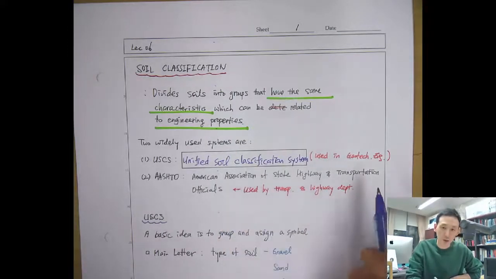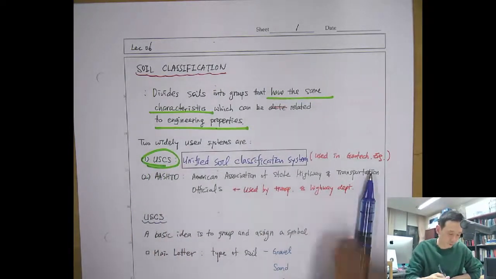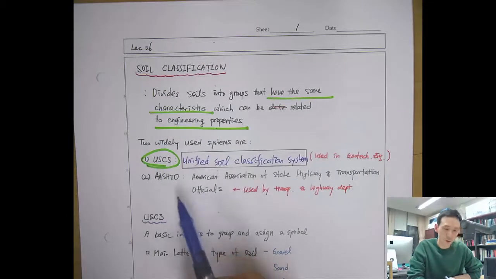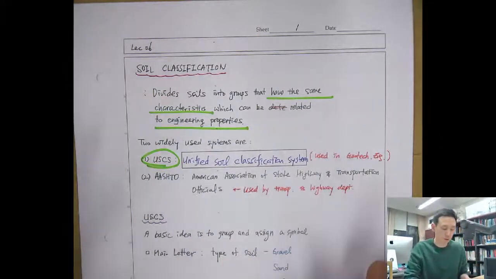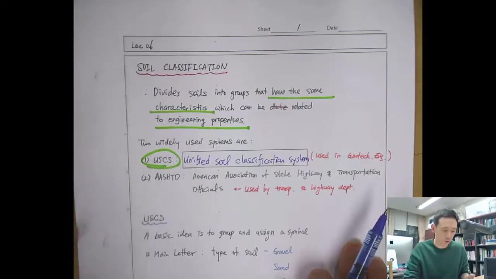In geotechnical engineering practice, we typically use the USCS, so today we're going to talk about this one. But the AASHTO system is also very close to the USCS, so they share the same characteristics. If you can understand how the USCS works, then you'll be able to also catch up with the other system too.